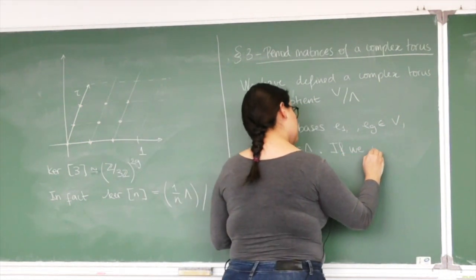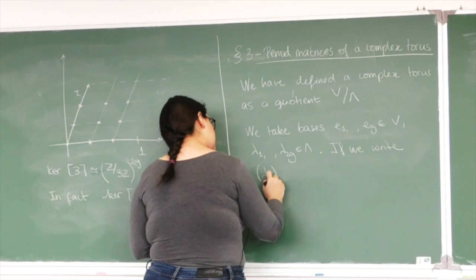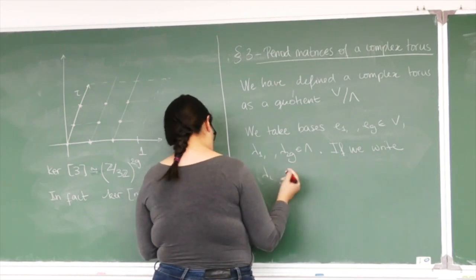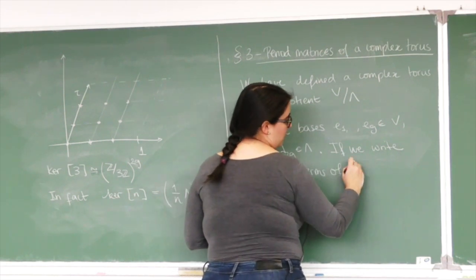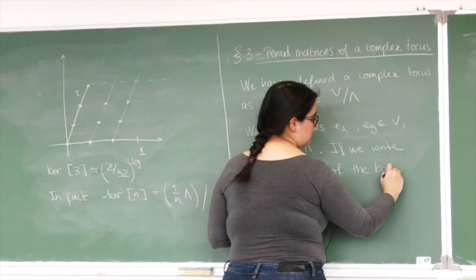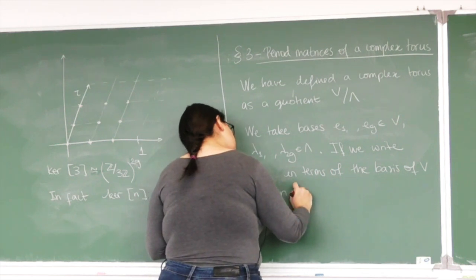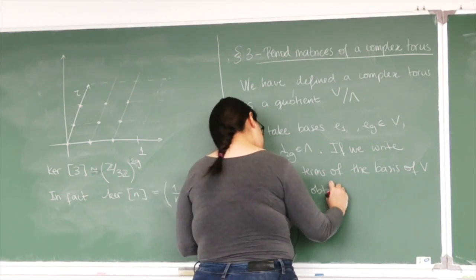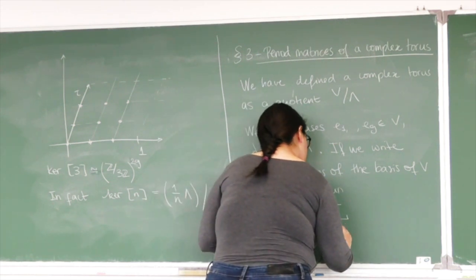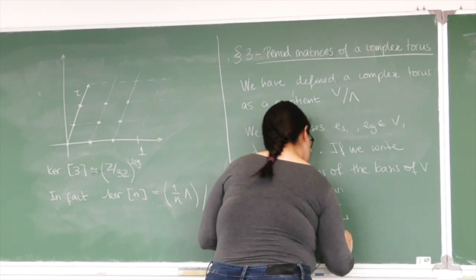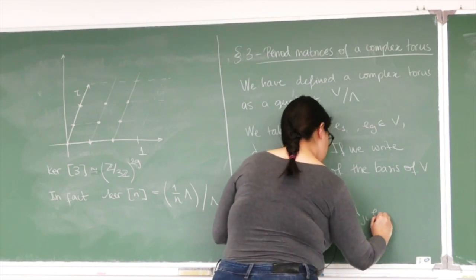If we write lambda_i in terms of the basis of V, then we obtain lambda_i is equal to the sum for j equal 1 to g of lambda_ji e_j.